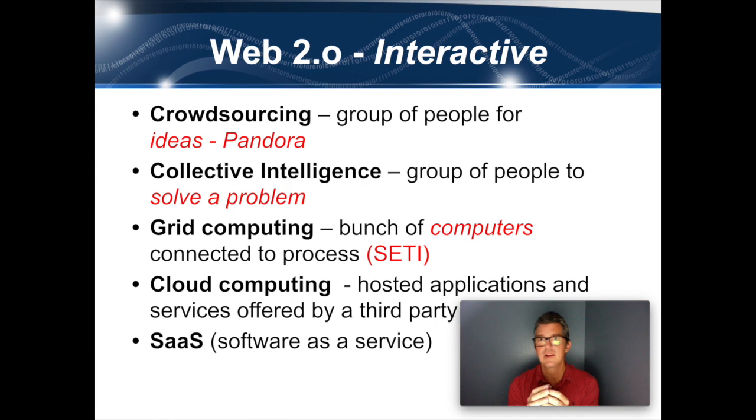This is like when you guys are working on a project and you have multiple people on the project and you're all working on parts of it in order to make a complete whole. Collective intelligence is everybody working on the complete whole. But crowdsourcing is kind of like when we're trying to vote on who made the best project and everybody in the room gets to vote yes or no kind of thing.